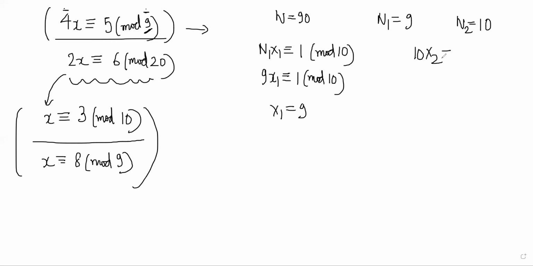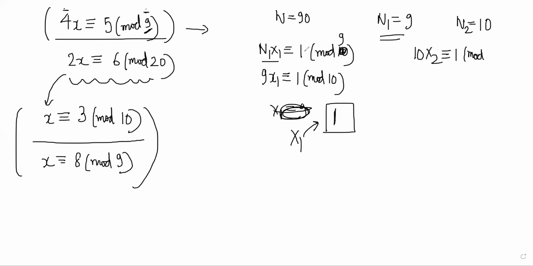10 X2 is congruent to 1 mod 9. Wait, here it should have been 9, no? Oh yeah, I'm making a mistake. N1 X1 is congruent to... wait.